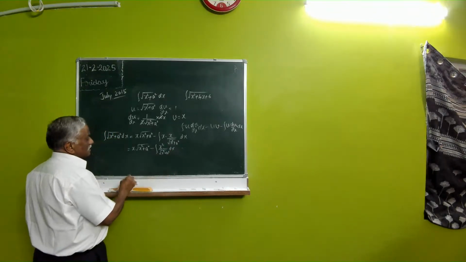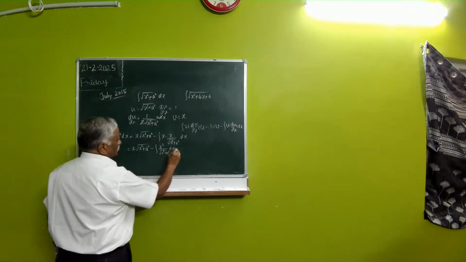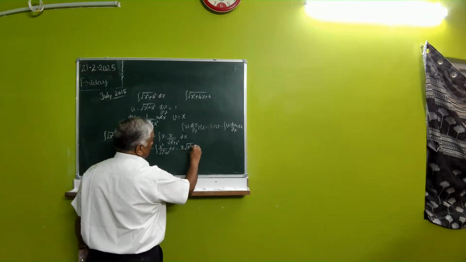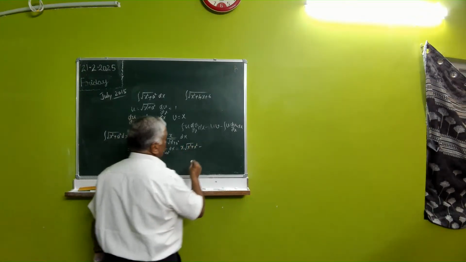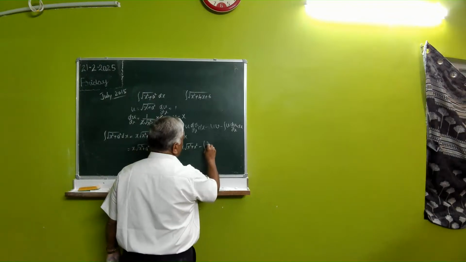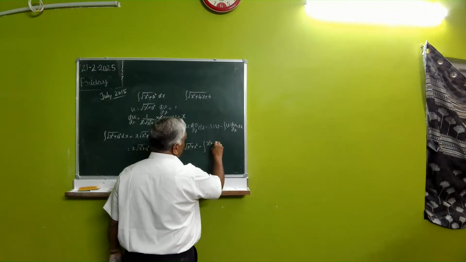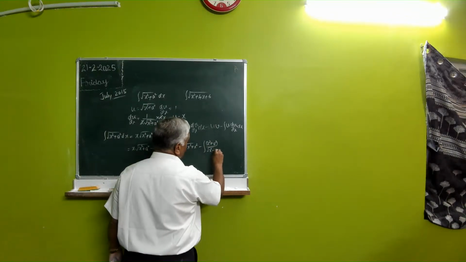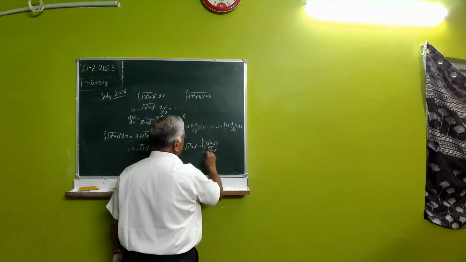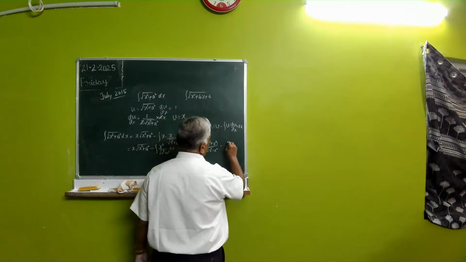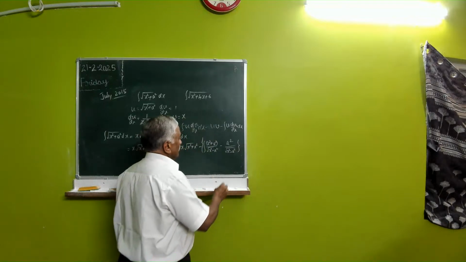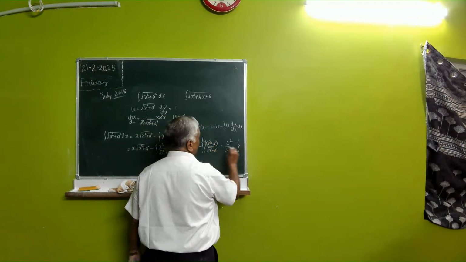What is the method for this? Write this as it is, x into root of x square plus a square minus, you have to do some adjustment, x square plus a square over root of x square plus a square, put a bracket here, minus a square over root of x square plus a square, dx.